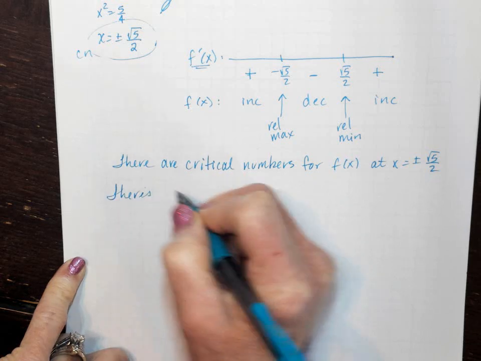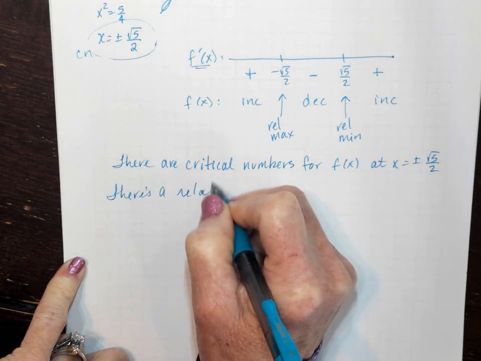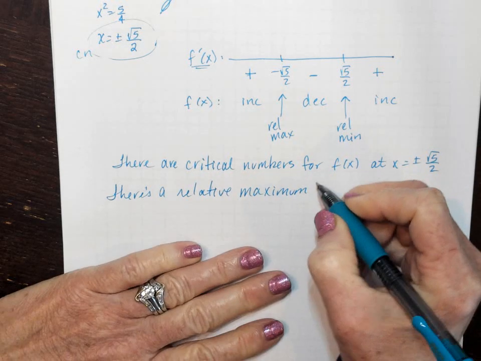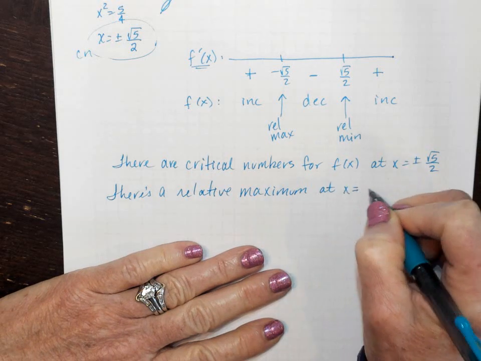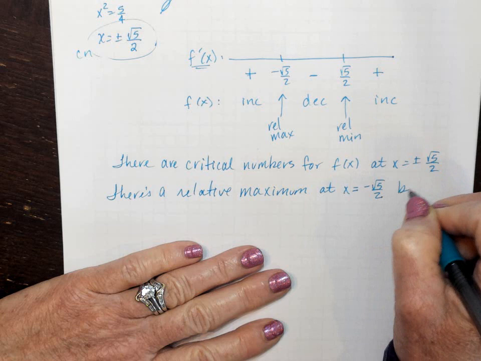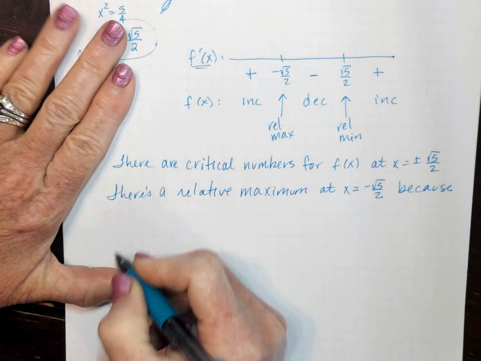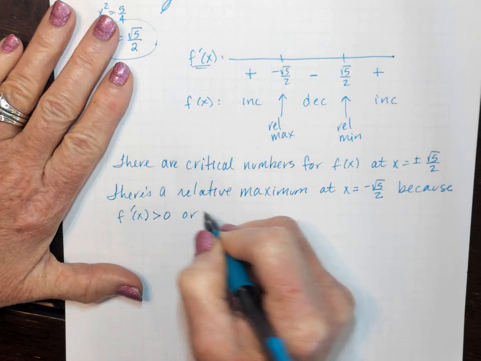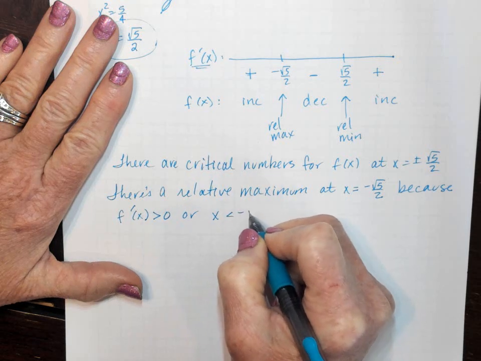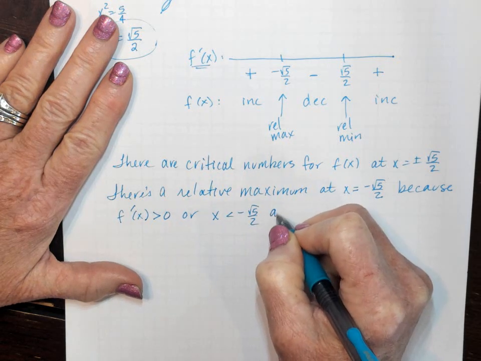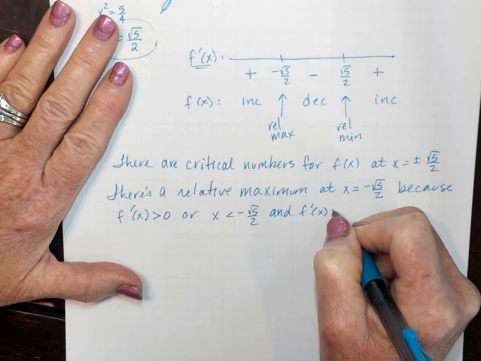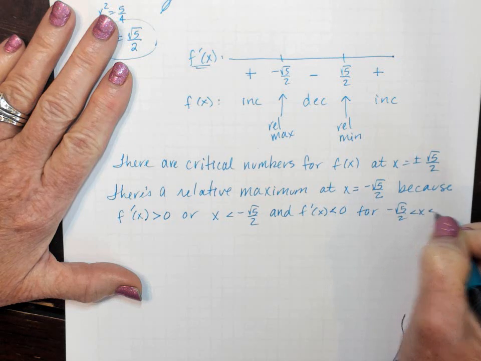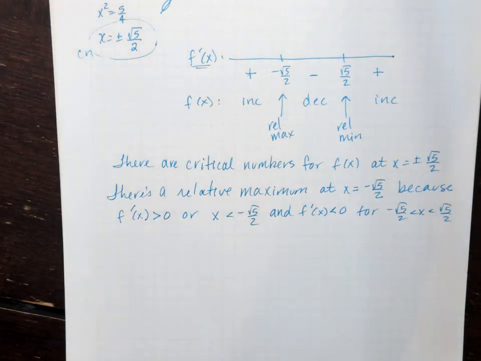And there is a relative maximum at x equals negative square root 5 over 2, because f prime of x is positive, so greater than 0, for x less than negative square root 5 over 2, and f prime of x is less than 0 for negative square root 5 over 2 less than x less than square root 5 over 2.